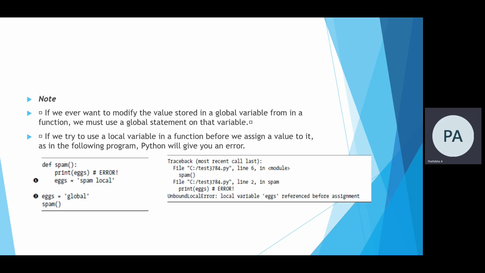When you call your spam function and print x, it is an error. But when you do x is equal to spam local, at that time x will act as a local variable. If you want to print it, then you can use this global statement.